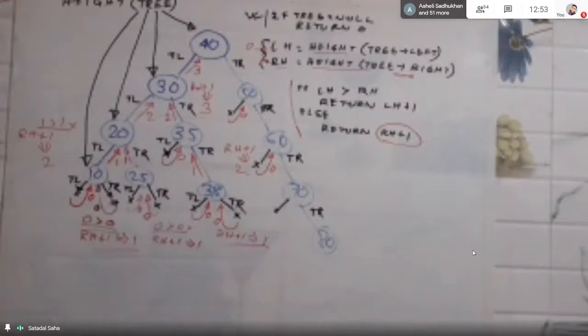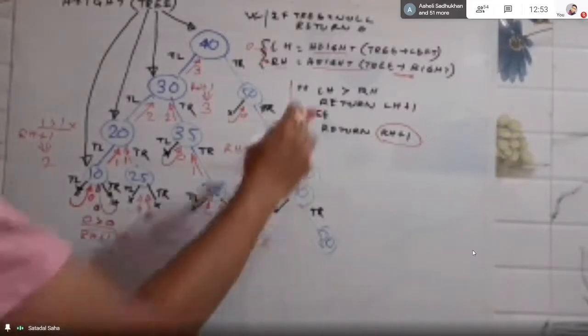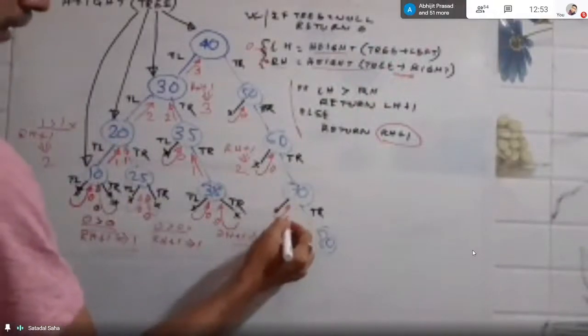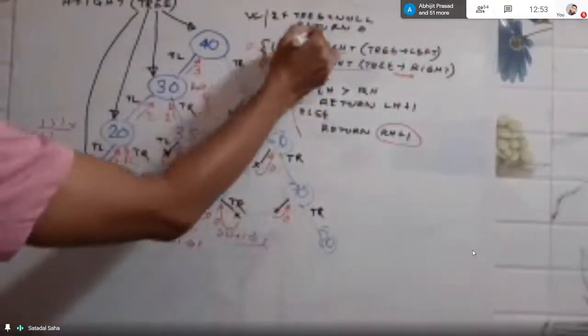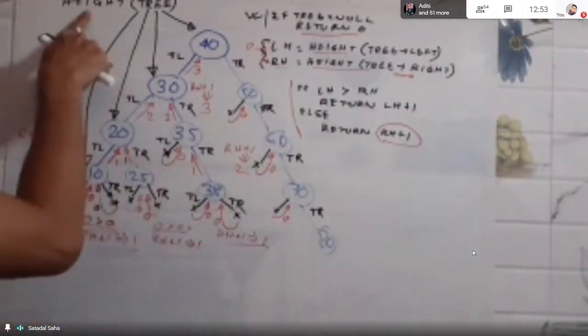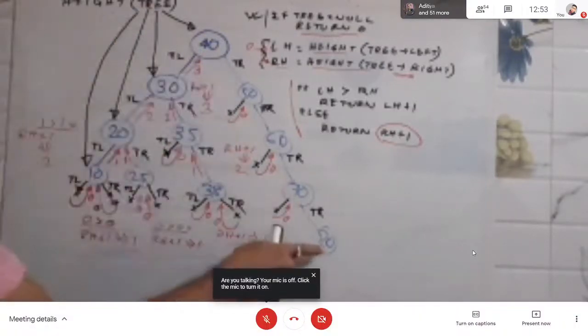The first call with the left subtree, which is null, will return back the value 0, because null will return the value 0. And sitting at 70, when it calls the right subtree, which is 80, the same function will be called with the node 80.